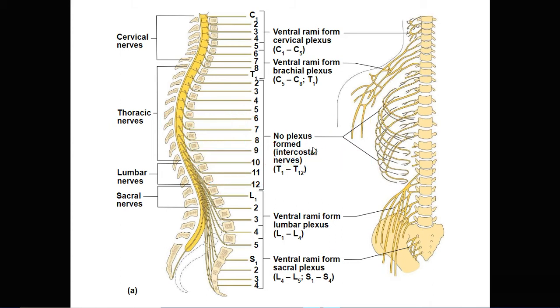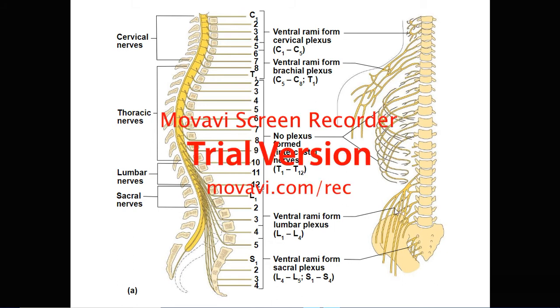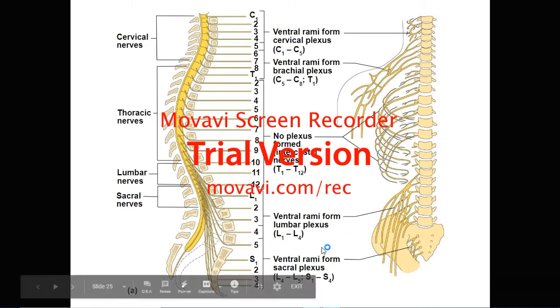No plexus is formed in this intercostal nerve area, T1 to T12, and then you have the ventral rami form the lumbar plexus, L1 through L4. And then the ventral rami form the sacral plexus.